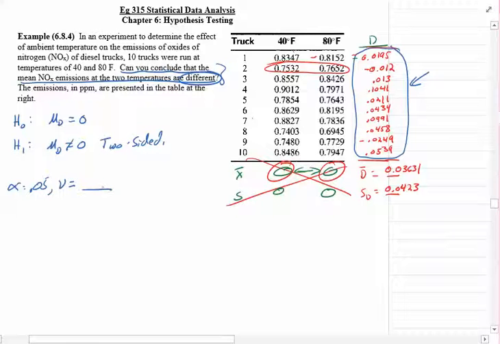How many degrees of freedom do we have? Good, 9. And get a t-star: 2.262.